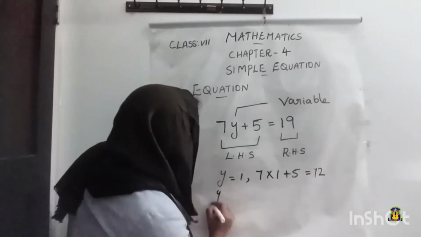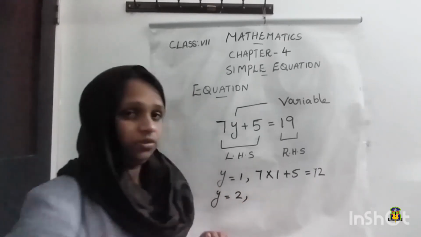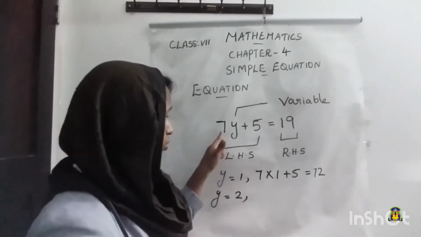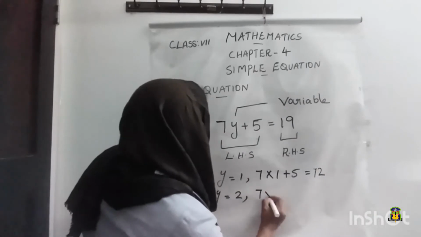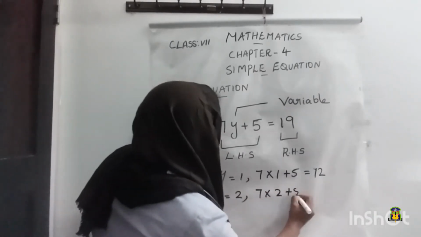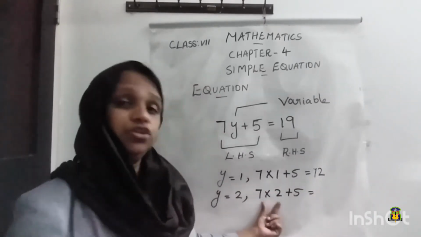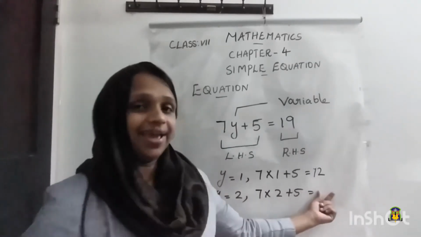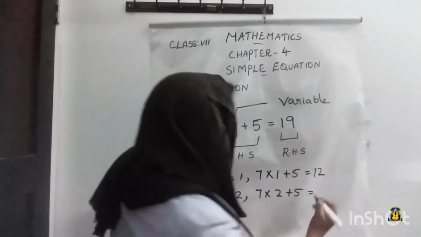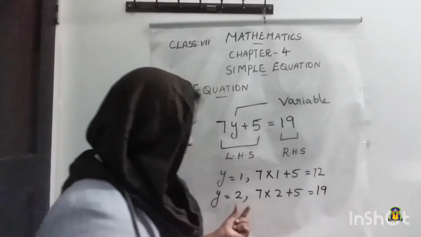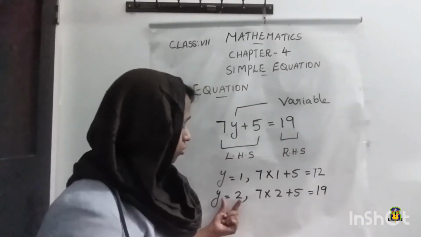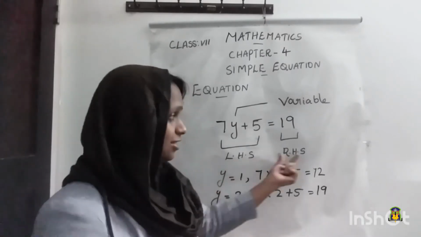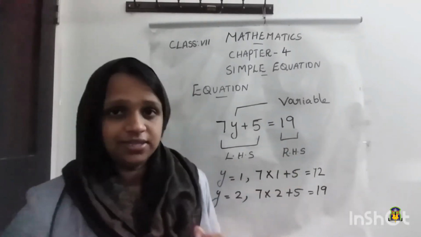Now if I give y = 2, that means 7 into 2 plus 5. 7 into 2 is 14, 14 plus 5 is 19. So see this 19. Here we can tell that for y = 2, LHS equals RHS.